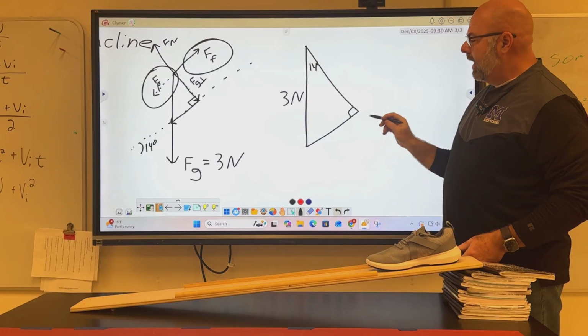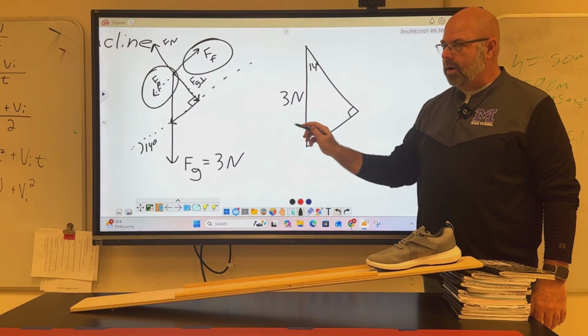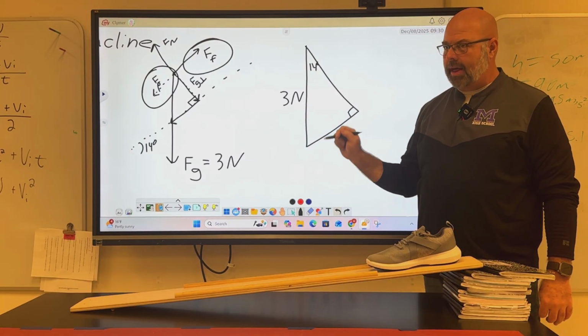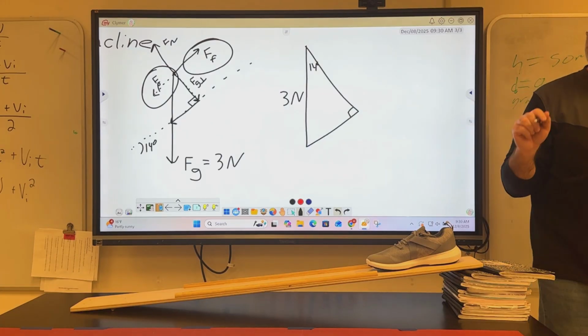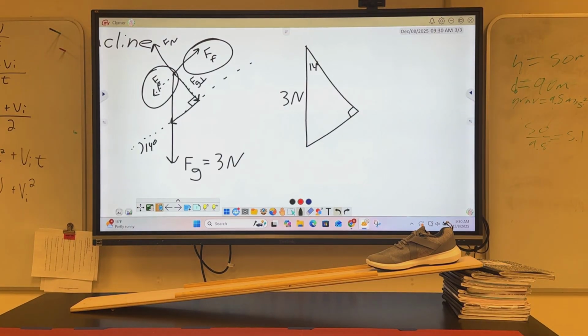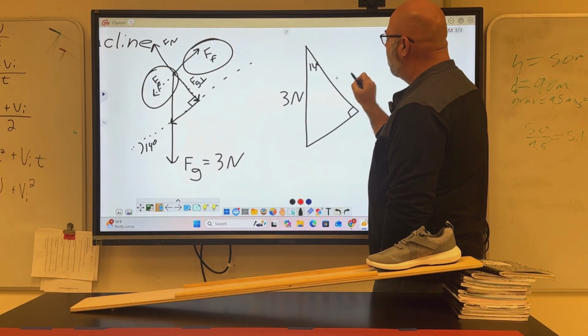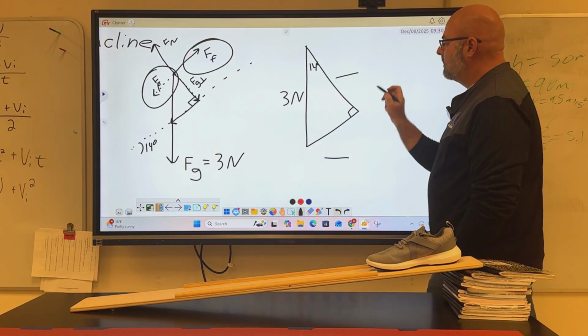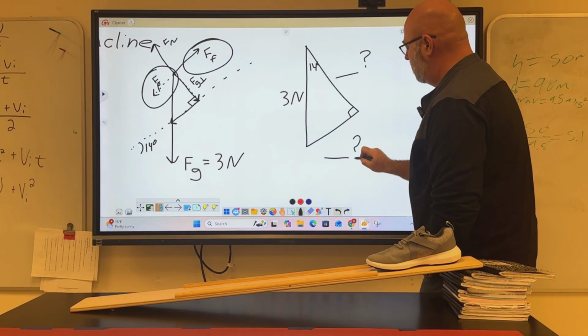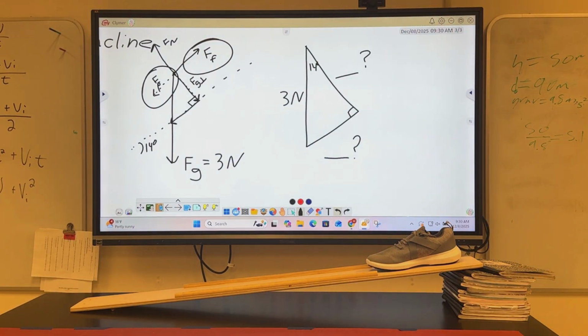Now, if you want, we can get into geometry and draw this all out and do complementary angles and all that kind of stuff, if you're really feeling froggy. Or we can trust. Let's go with trust. So this angle is 14. Can we find this and this? So SOHCAHTOA, ready, set, go.